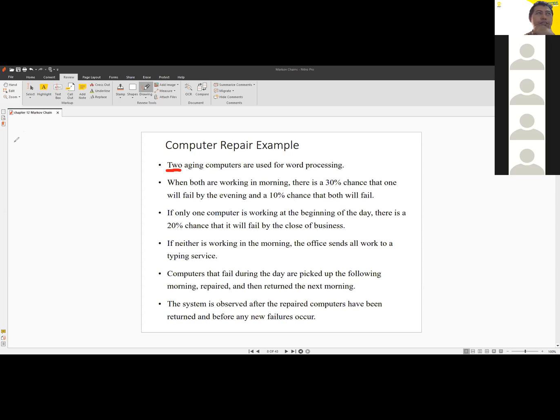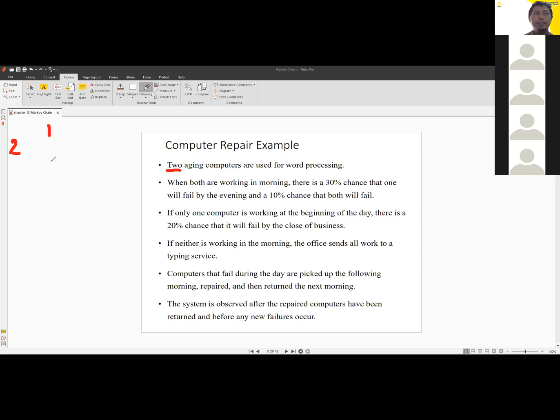So there are two computers, and both are working in the morning, and there is a 30% chance one will fail. So the rest is one computer that is still okay, right?